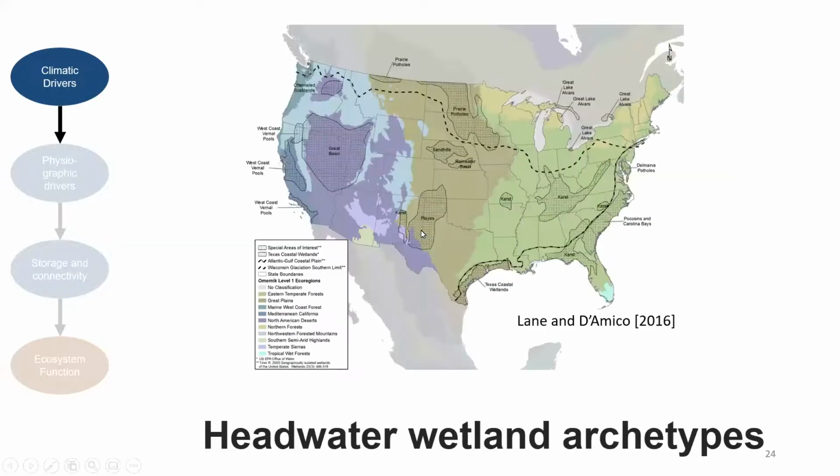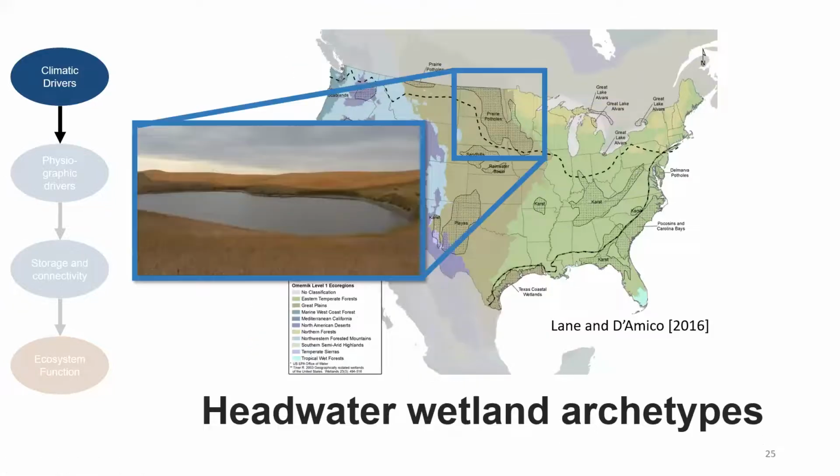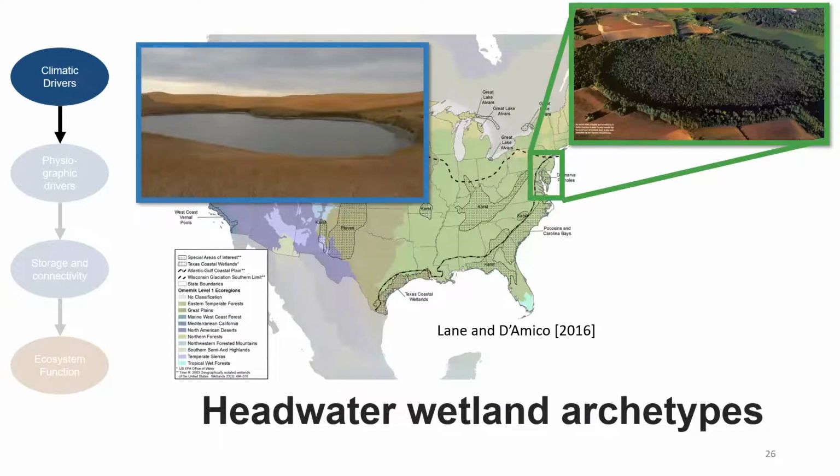All right. When we talk about headwater wetland archetypes, for today, I'm going to talk about the prairie potholes, or prairie pothole wetlands, so wetlands that are in North and South Dakota. They're really important for duck habitat. Then Delmarva and Carolina Bays. These are really near and dear to my heart. I've spent a lot of my life standing waist deep in these wetlands.